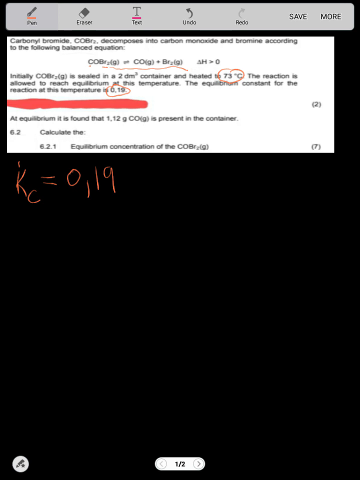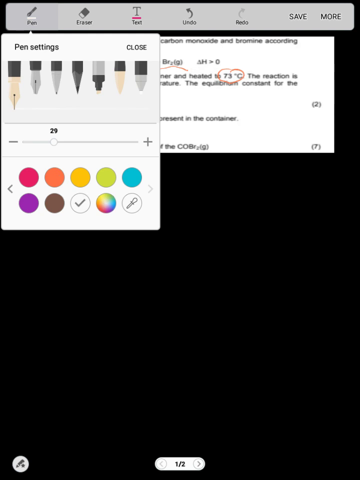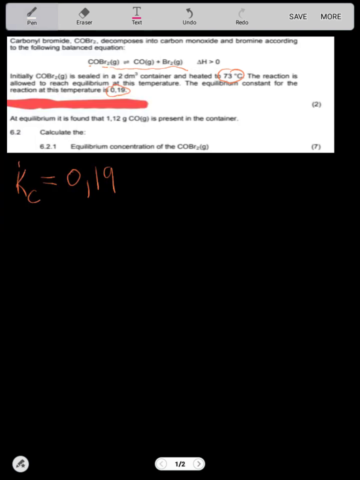The carbon monoxide that is given to us is part of the product of this particular reaction. At equilibrium it was found that there is 1.12 grams of it. We know that in our Kc expressions, we don't usually deal with masses or grams.